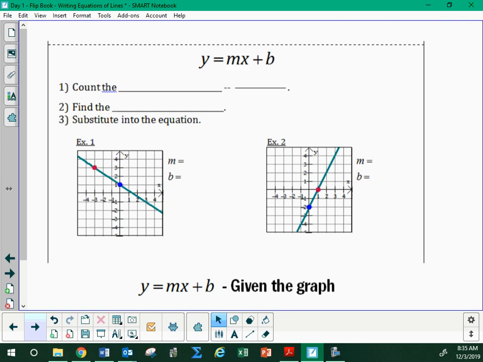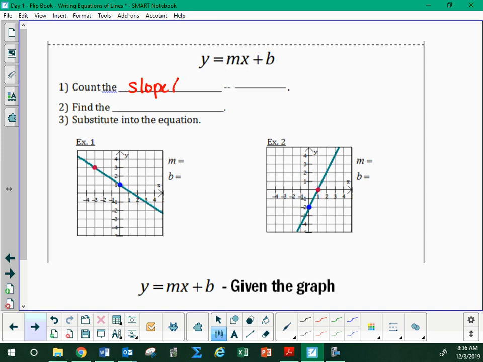So now let's take a look at our next examples. When they give us the graph, how do we write our equation? You count the number of spaces up, and then, very good. So from our graph, we have to identify our slope and we have to identify our y-intercept. So let's go ahead and, as Andrew was saying, count the slope first.